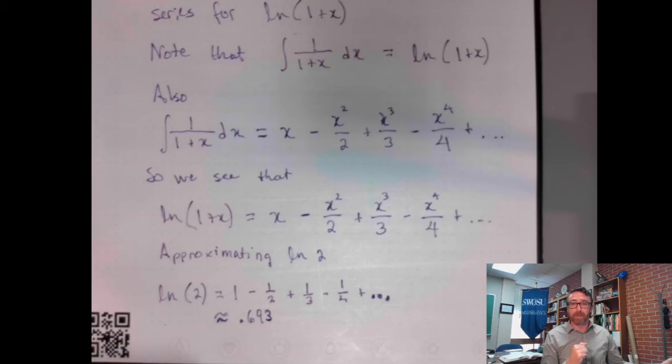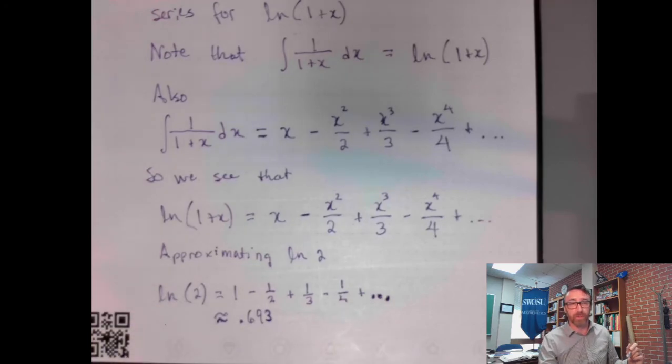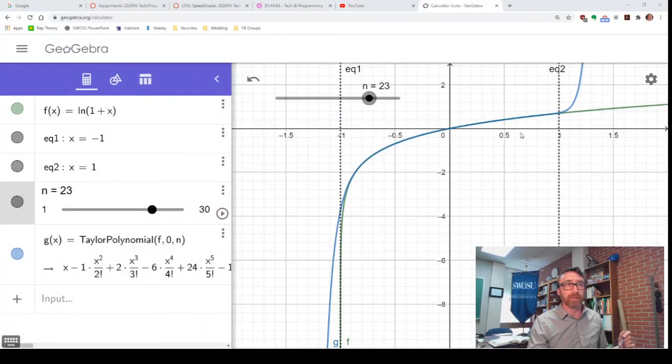I know that. ln of e is 1. Got that backwards. ln of e squared is 2, etc., etc. But ln for any other value, I can't really tell you. But I can get an approximation, and I could do it using this series as long as we stay in the radius of convergence for my series.